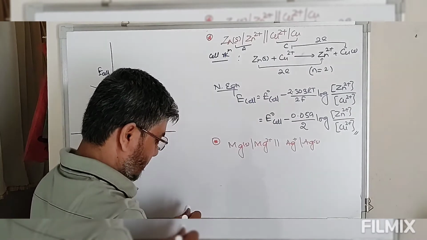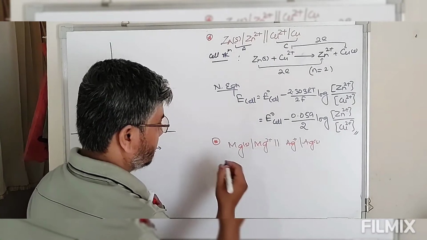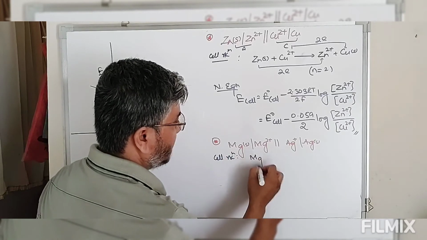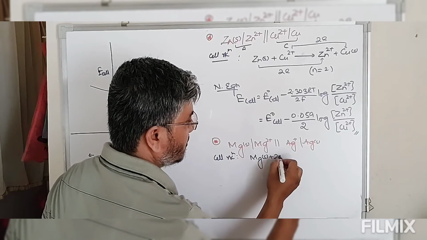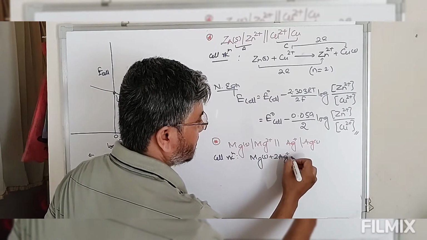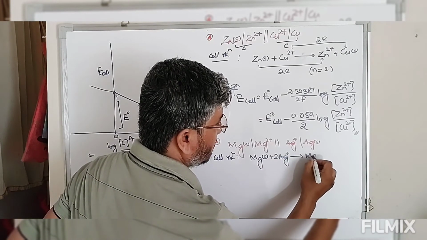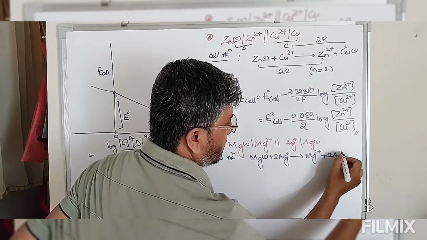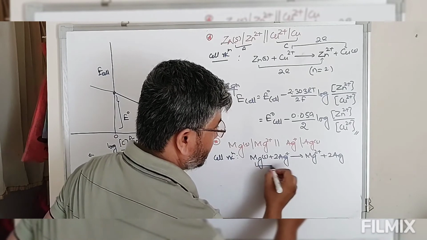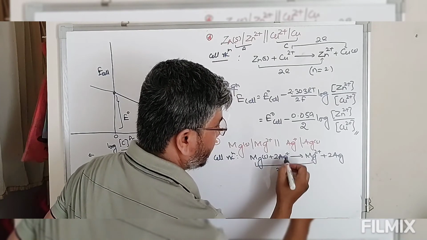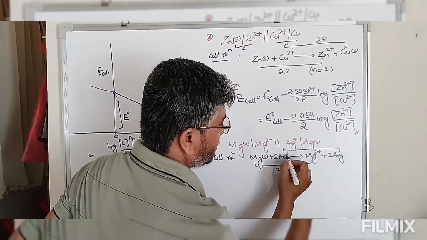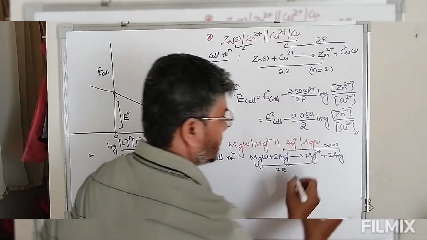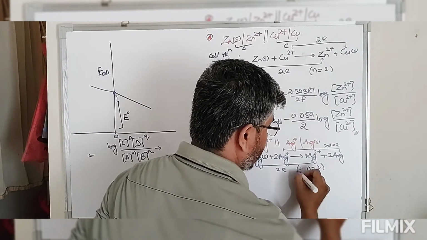The cell reaction is: magnesium solid plus 2Ag plus, giving you magnesium plus 2 plus 2Ag. Now for magnesium, we have 2 moles of electrons, silver 1, so 2 into 1, again we have 2 moles of electrons. So therefore N for this reaction is 2.